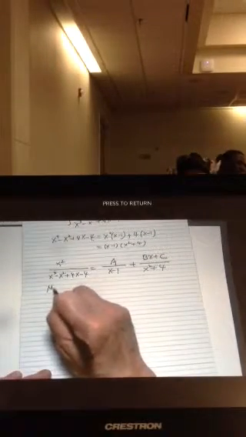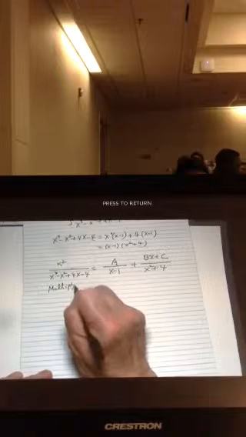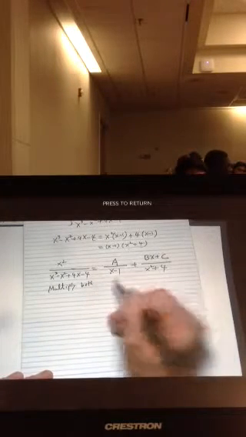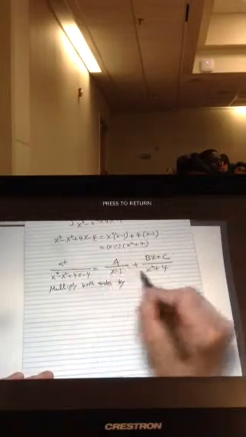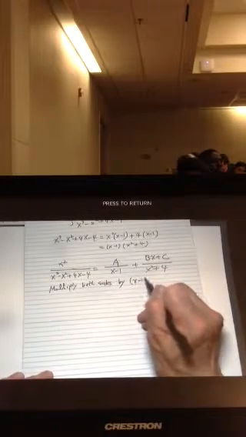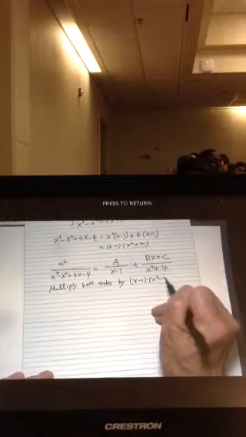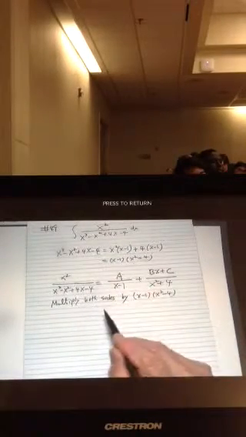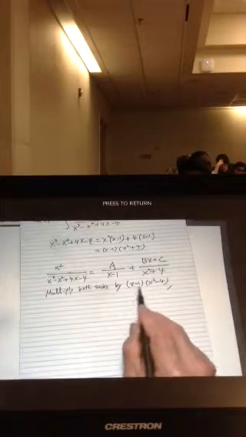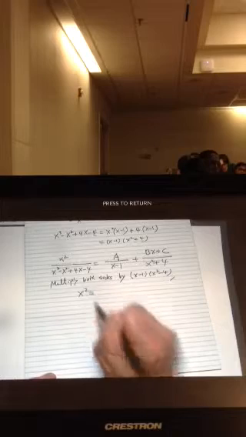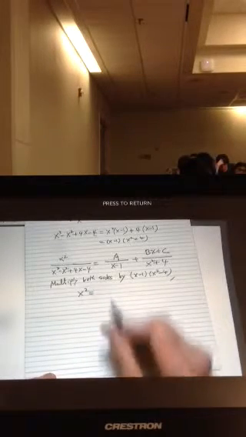I'm going to multiply both sides by the denominator of the original fraction. So once I do this, these cancel. So I have x squared on the left-hand side.